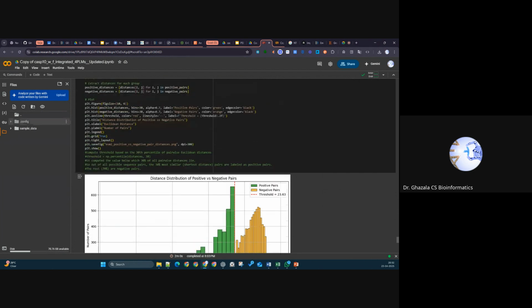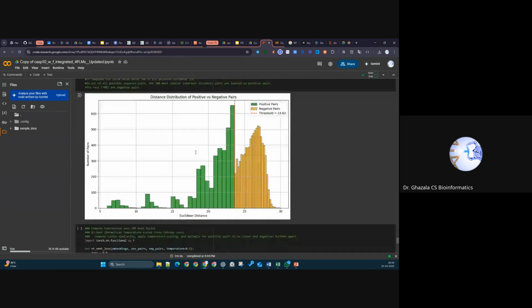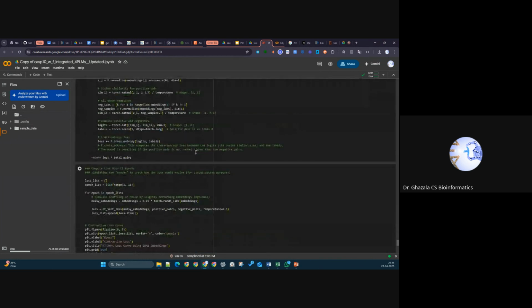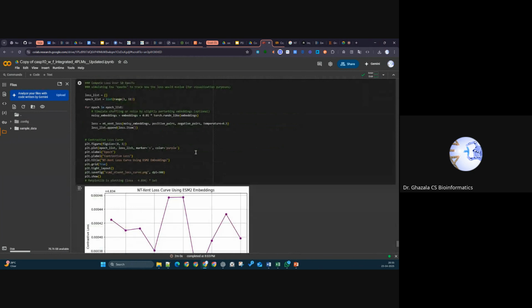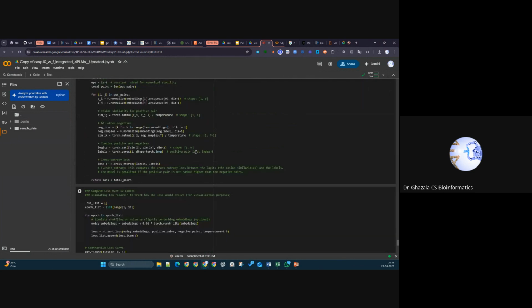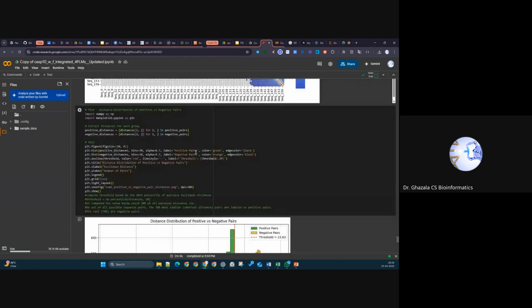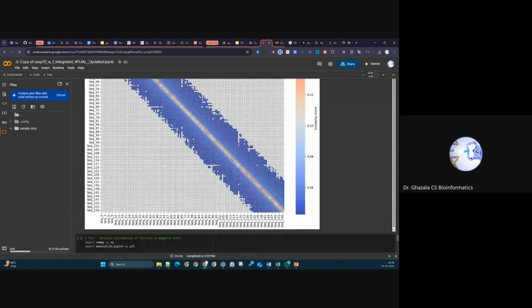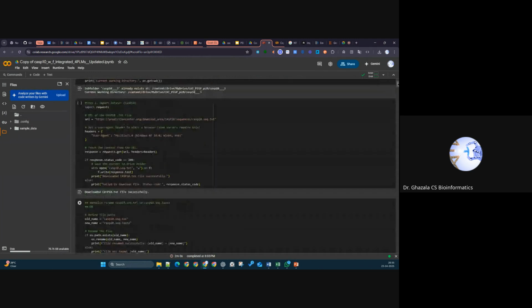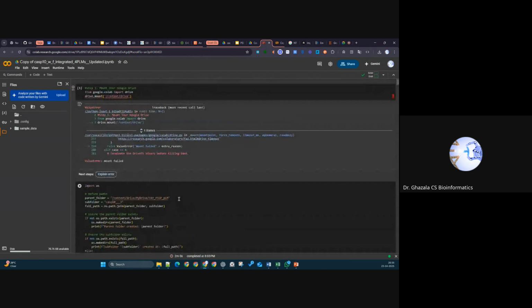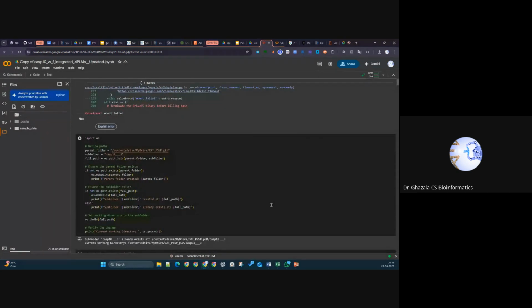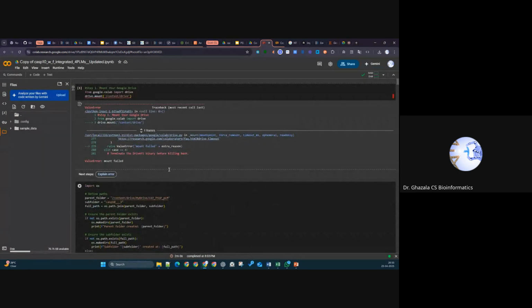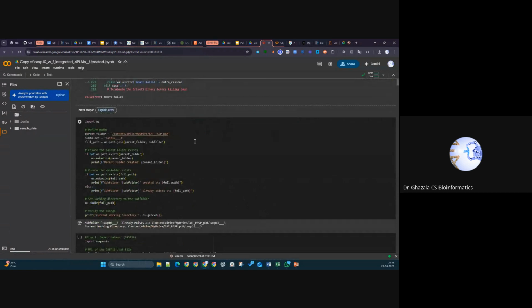So this is about CASP, and for other sequences we need to perform the same. We just need to change your folder. I think my internet is not connected, so Google Drive is not mounted right now, but what we need to do is just change your folder name.